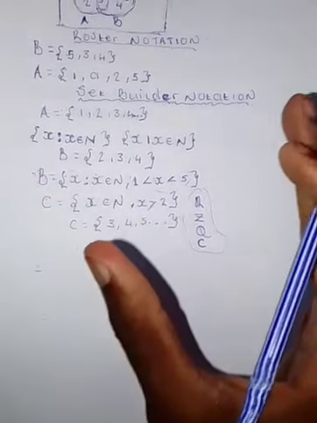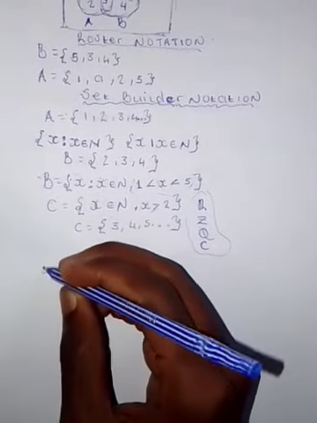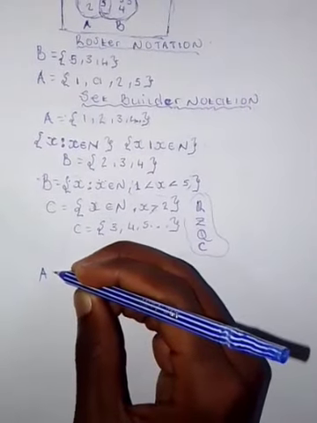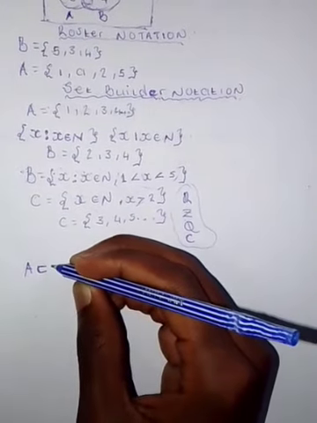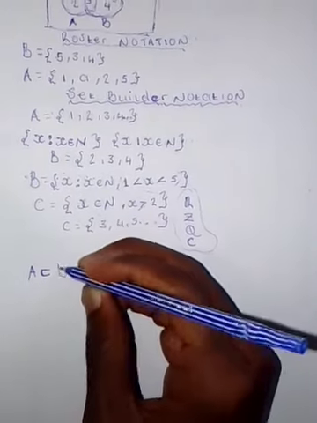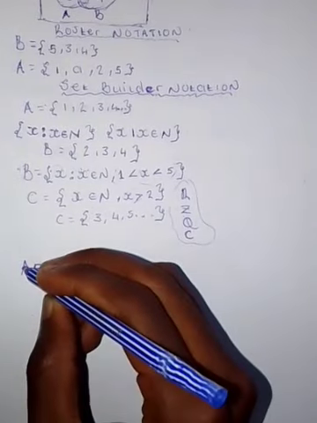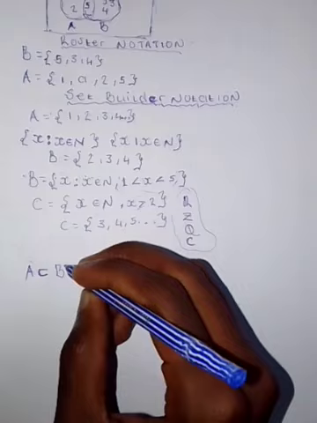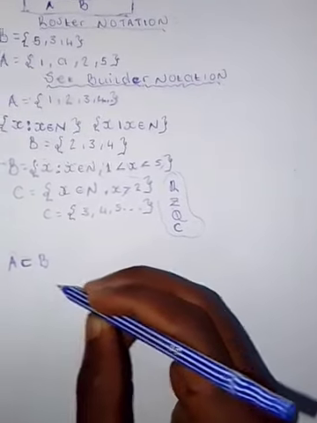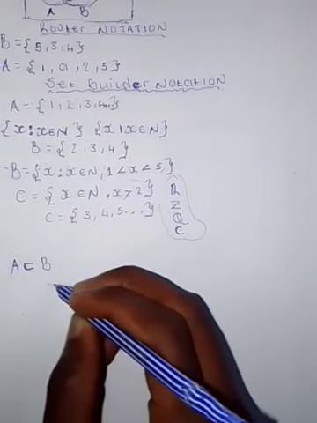When they say A is a subset of B, represented by this sign, they're simply saying that every element of A is contained in B. This can be represented like this, maybe in a Venn diagram.